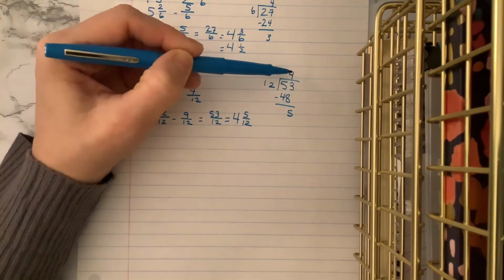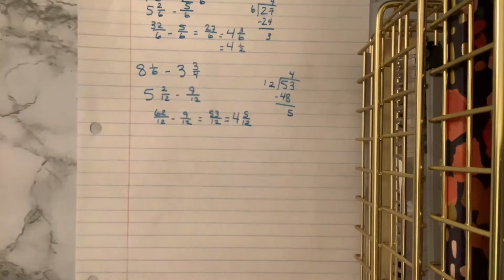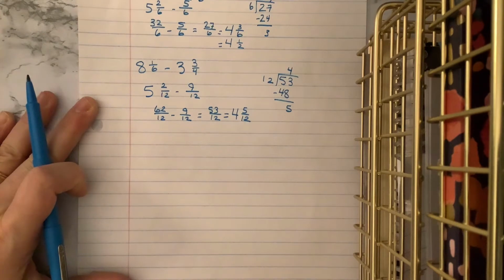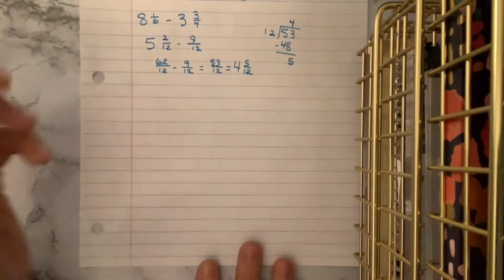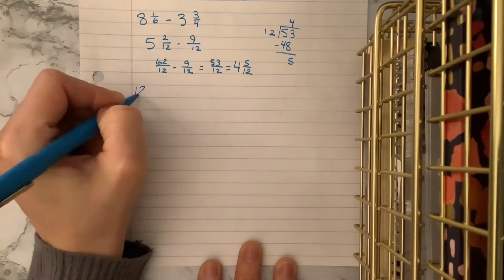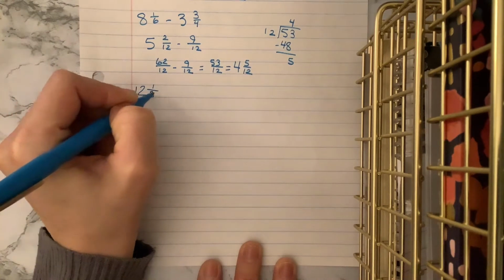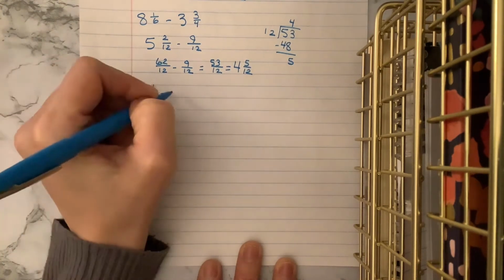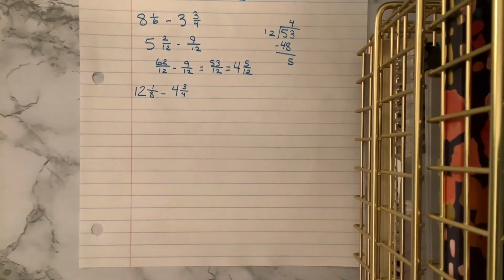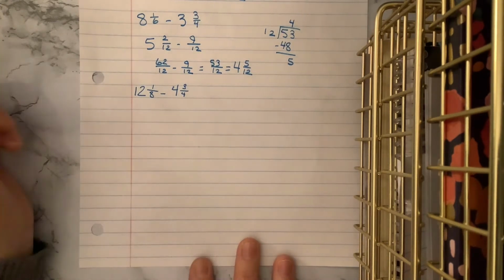So 4 5/12. 4 and 5/12. Okay. And we check, is that simplified? Yes, it is. All right, let's try one more before we switch to a different type of problem. I'm going to say 12 and 1/8 minus 4 and 3/4. Go ahead and pause, solve, come on back and see how you did.